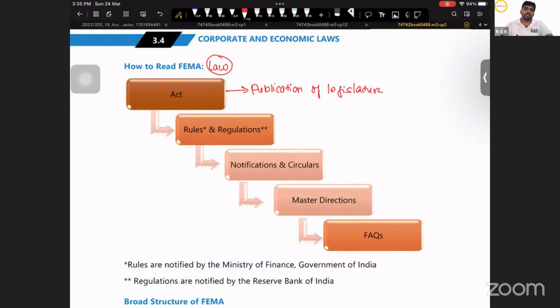Then we have rules and regulations. Rules are always made by the Ministry of Finance. In case of foreign exchange management, the rules are formulated by the Ministry of Finance, and the regulations are formulated by the Reserve Bank of India. Regulations of the Foreign Exchange Management Act are formed by the Reserve Bank of India. RBI looks after it.